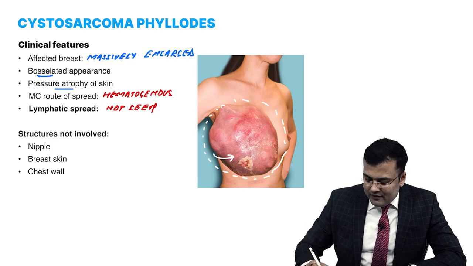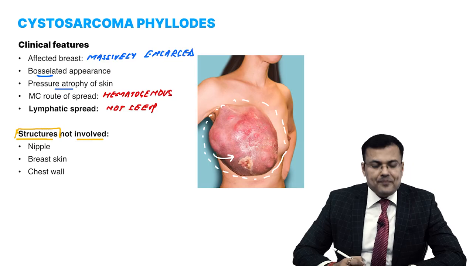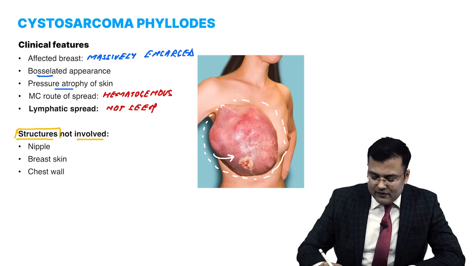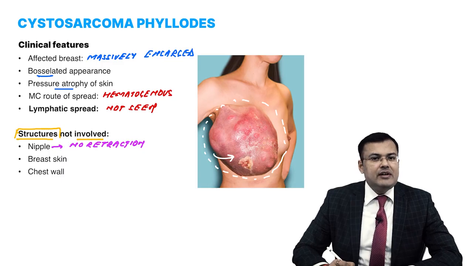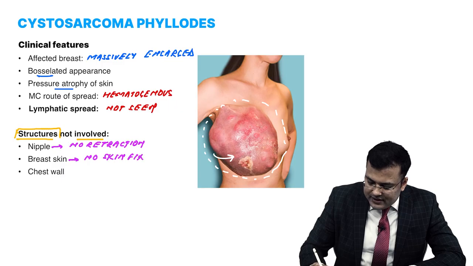Another feature which is very, very important, the structures which are not involved: nipple, breast skin and chest wall. If nipple is not involved, obviously there is no retraction, deviation, ulceration. Breast skin is not involved, that's why there is no skin fixity.